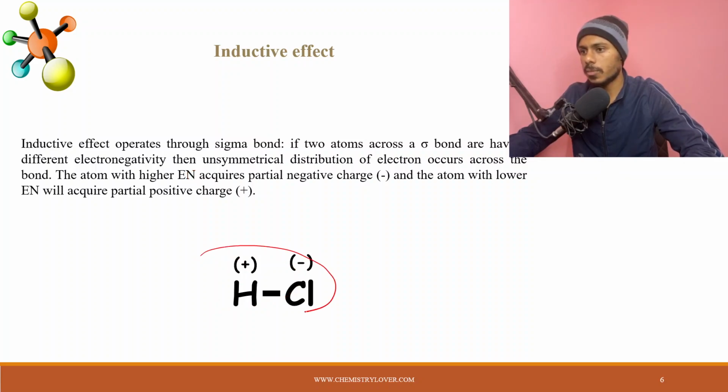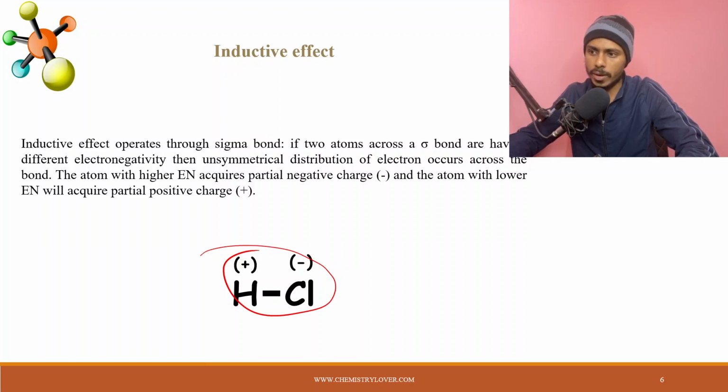In the HCl molecule, because hydrogen and chlorine are not the same atom, they differ in electronegativity. So there is a redistribution of electron cloud in the HCl bond. Chlorine, being more electronegative, acquires a higher negative charge, whereas hydrogen, being less electronegative, acquires a partial positive charge. This is the main concept behind inductive effect.